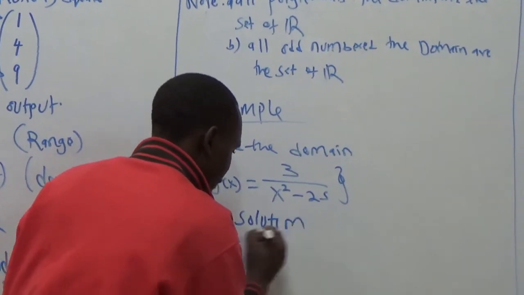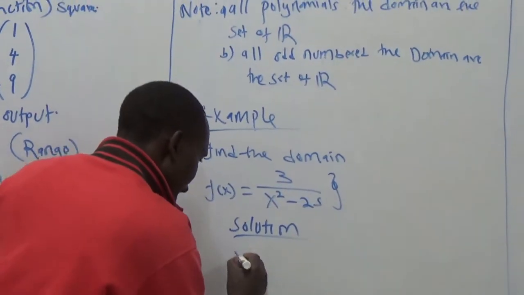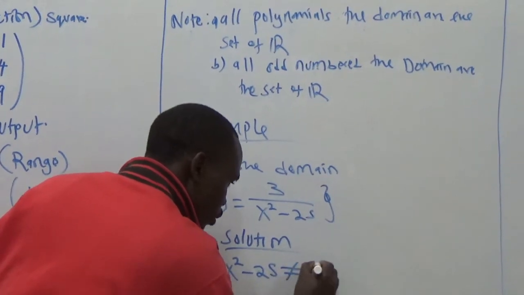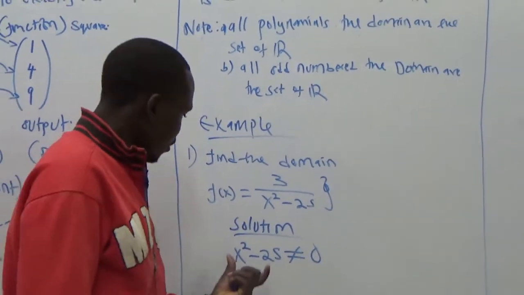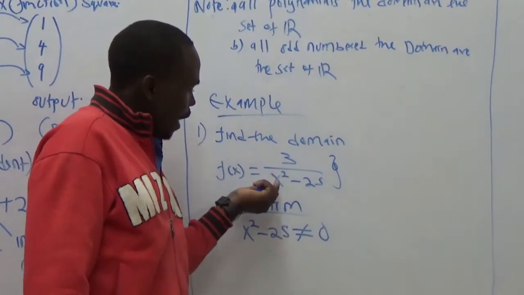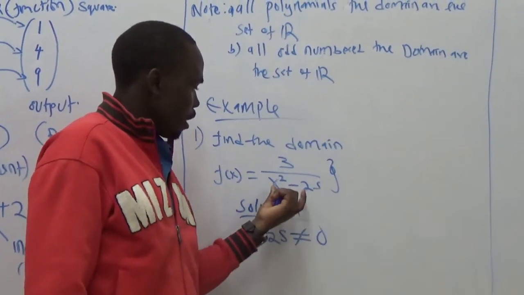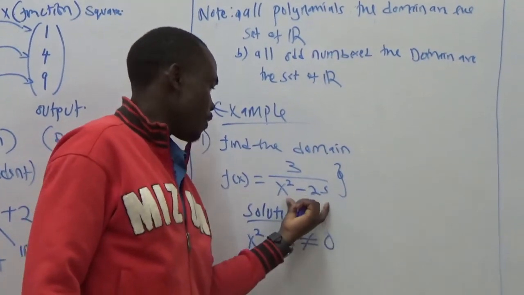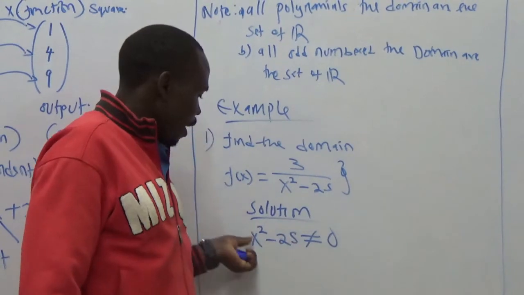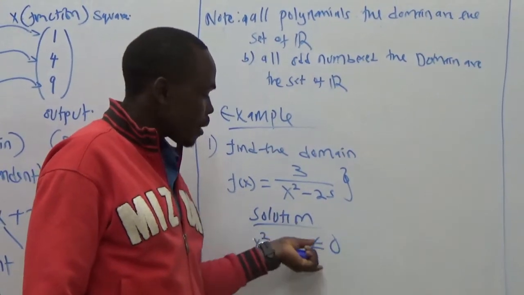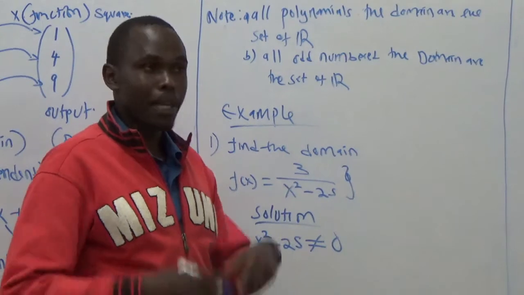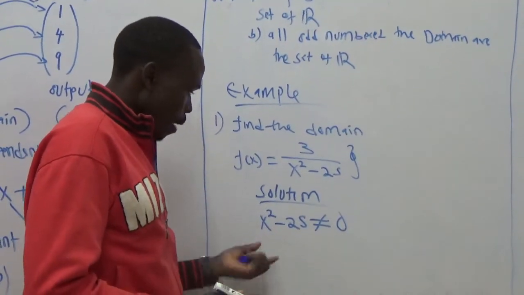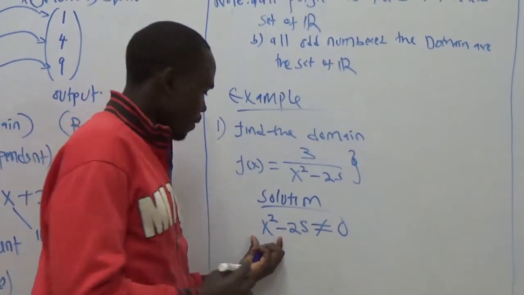Solution. x squared minus 25 must not equal 0. Since if x squared minus 25 were 0, the whole expression would be infinite. Therefore, this value must be any other number but not 0. Then I solve to remain with the value of x.